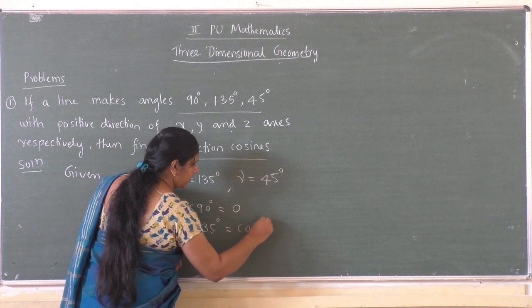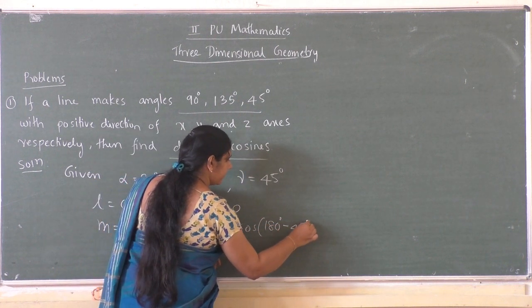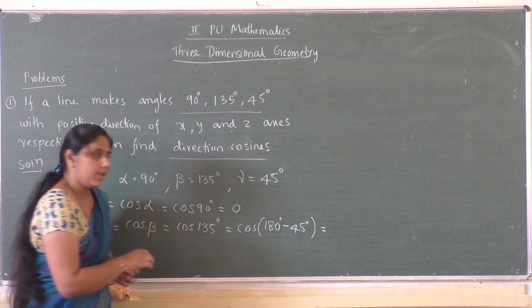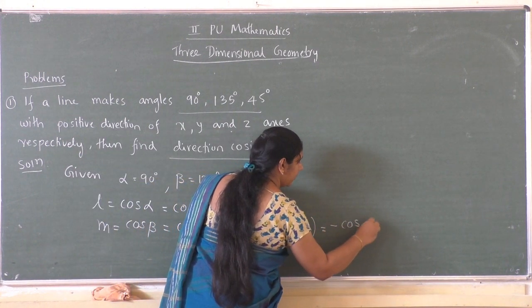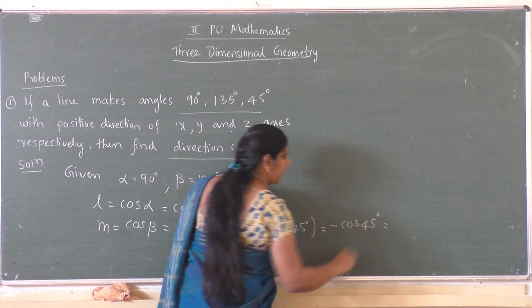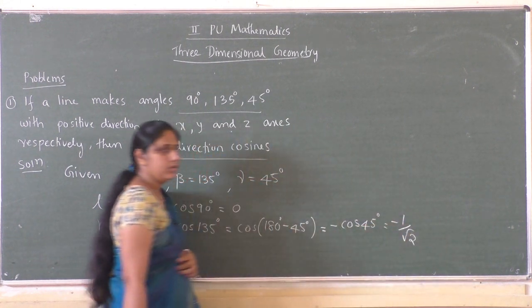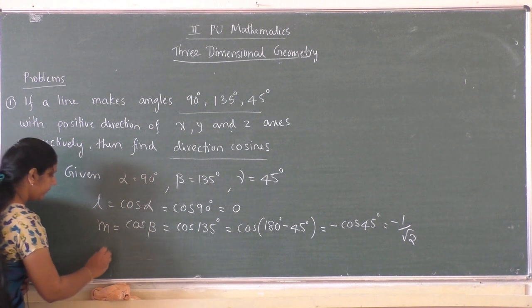It is same as cos of 180 degree minus 45 degree. What is cos of 180 minus theta? It is minus cos theta. So it is minus cos 45 degree. The value of cos 45 is 1 by root 2. So we get m equal to minus 1 by root 2.